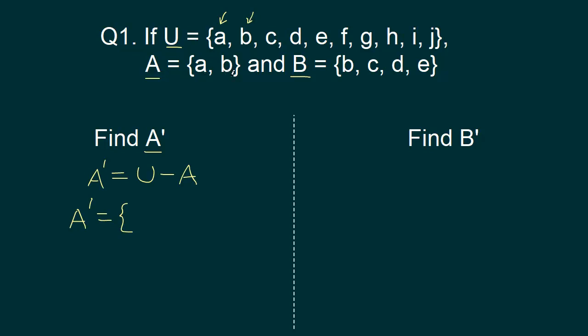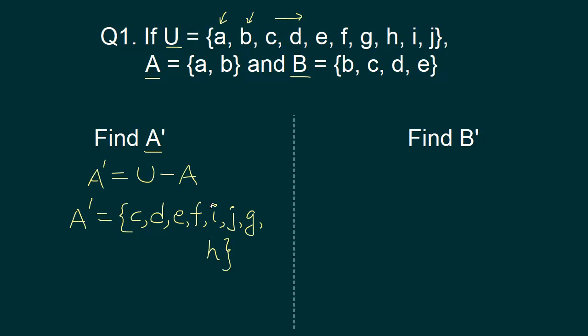So A and B we cannot write, but we can write all the rest of the elements, from C through J. So C, D, E, F, G, H, I, J. I think we missed G and H at first.